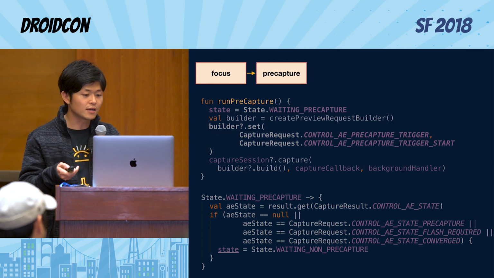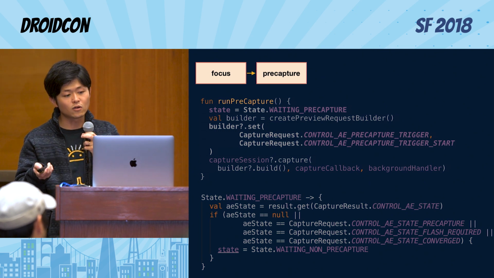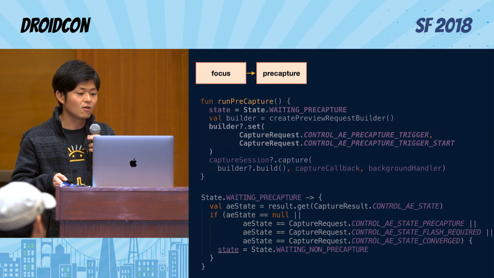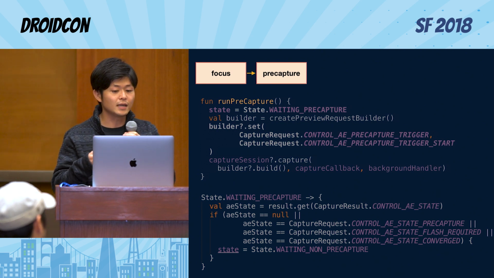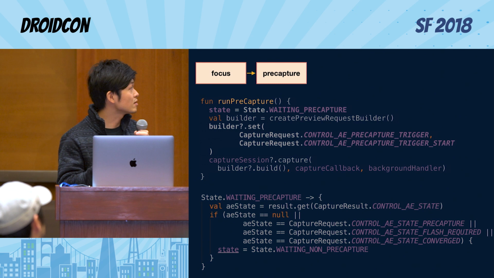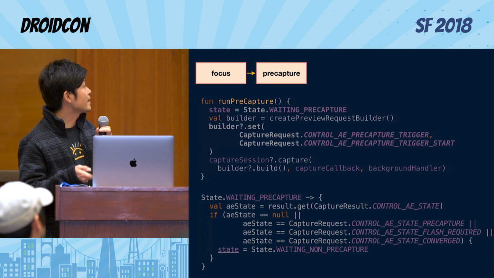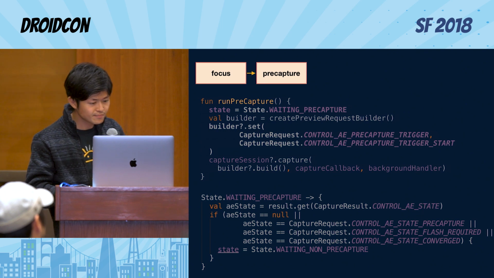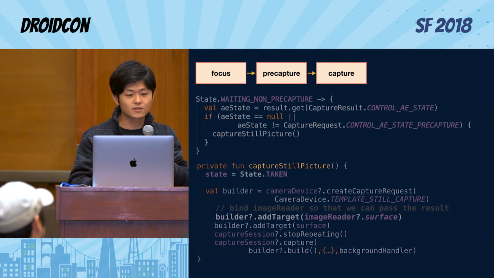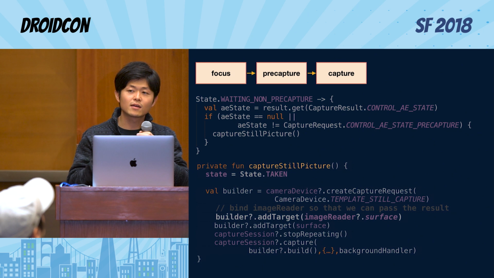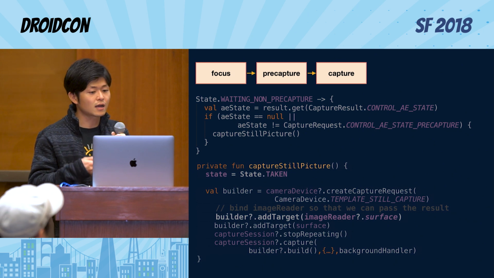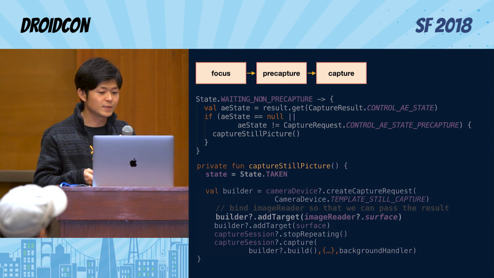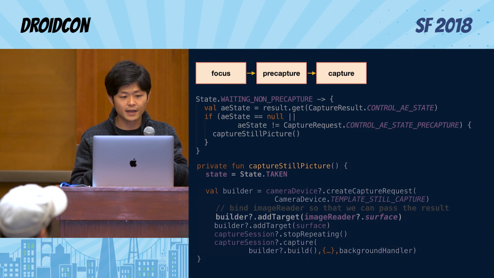And then there are also other cases where the auto exposure requires flash, or the process might take longer than usual. In that case, we just skip to the state waiting non-pre-capture. So this state is actually waiting for the auto exposure to finish, which is the converged state.